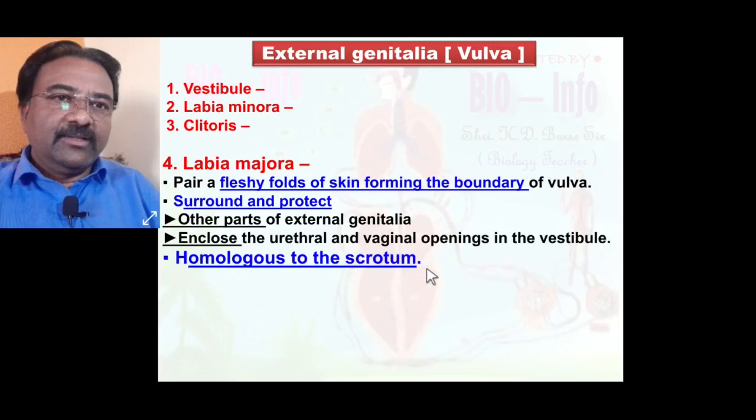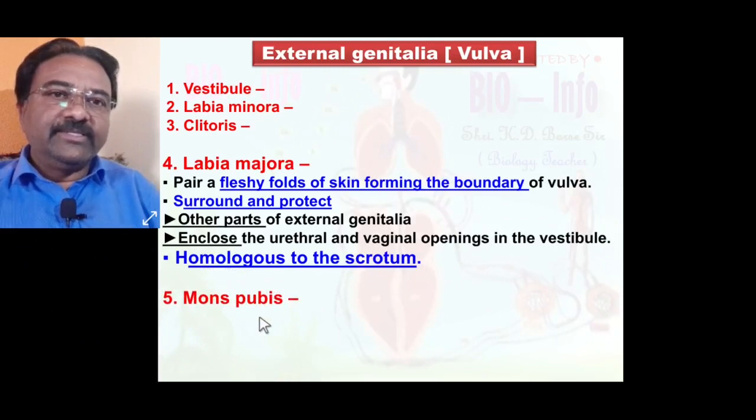Scrotum is a male external genitalia. Inside it are present the testes, so the testes are covered by the scrotum. Here the labia majora is also the boundary of the other external genital parts. So labia majora and scrotum are homologous organs.